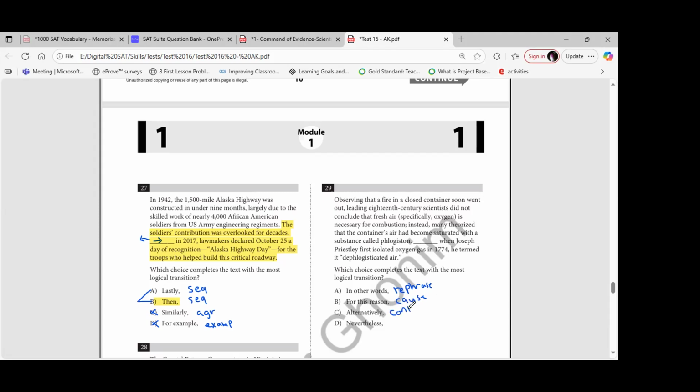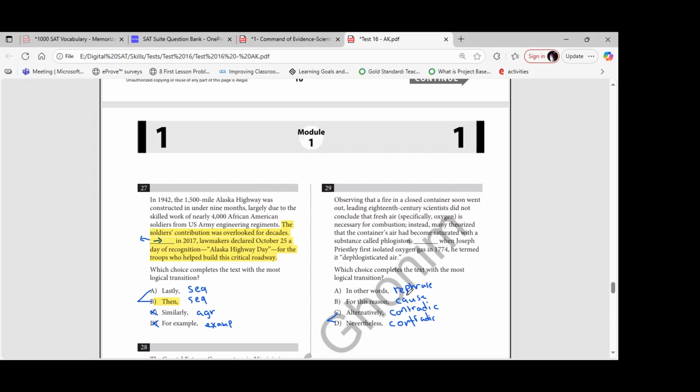What comes before it will contradict what comes after. Nevertheless: again contradiction. So now I have C and D. I can put them aside. Now let's find, will A or B work with this question?